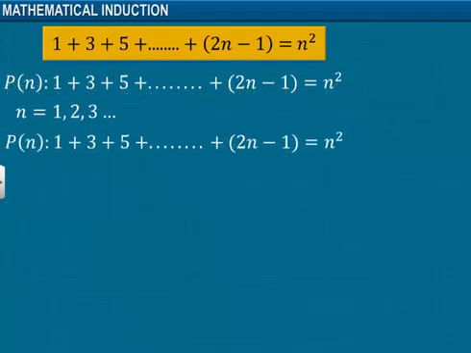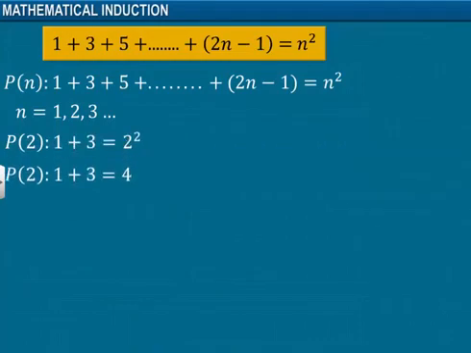Now, we will take n equal to 2. The sum of the first two odd positive integers, 1 plus 3, is equal to 4, which is equal to the square of the number of terms, that is 2. Thus, it is proved that P of n is true for n equal to 2.